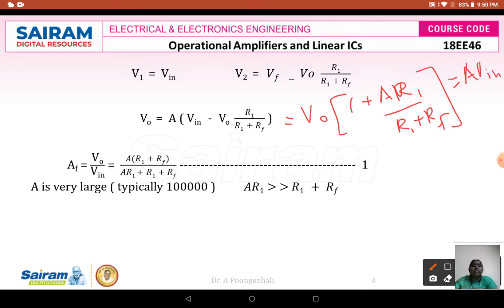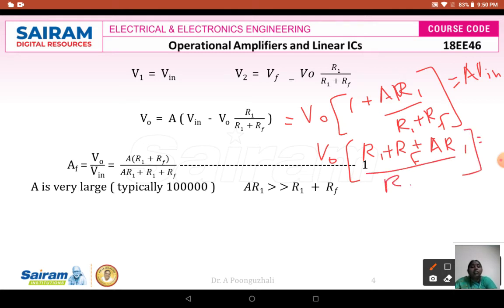So your V0 is equivalent to, if I take the LCM, it is going to be R1 plus Rf plus AR1 divided by R1 plus Rf, which is equivalent to A into Vin.